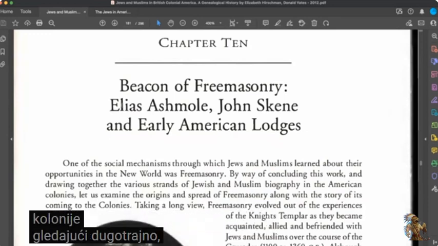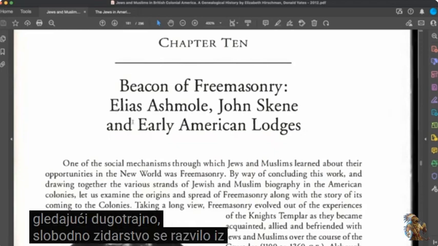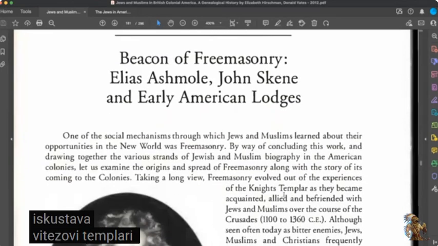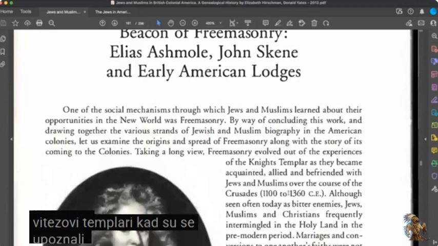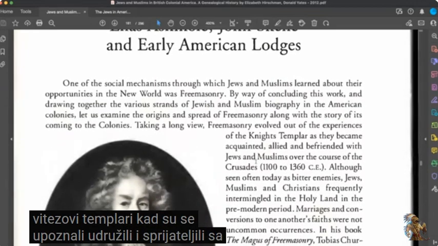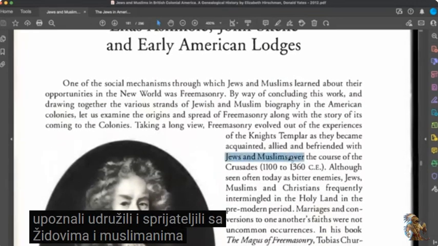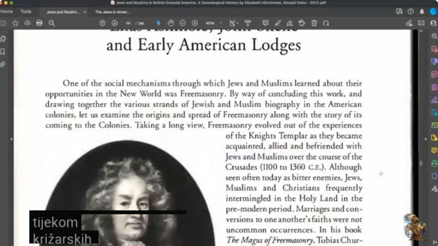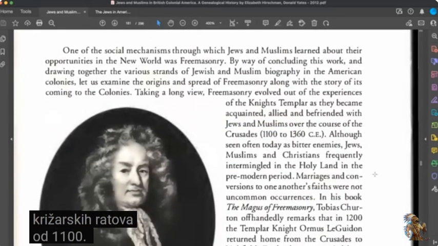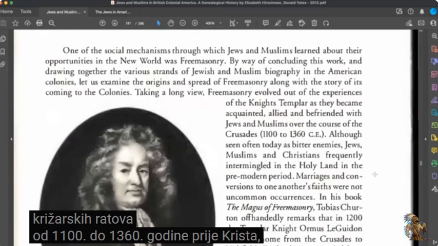Taking a long view, Freemasonry evolved out of the experiences of the Knights Templar as they became acquainted, allied, and befriended with Jews and Muslims over the course of the Crusades from 1100 to 1360 AD.